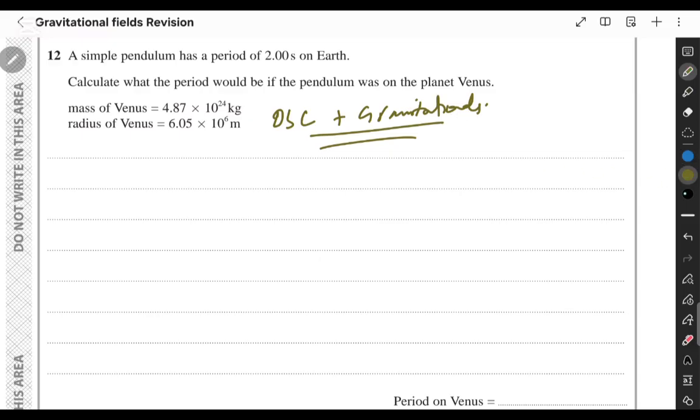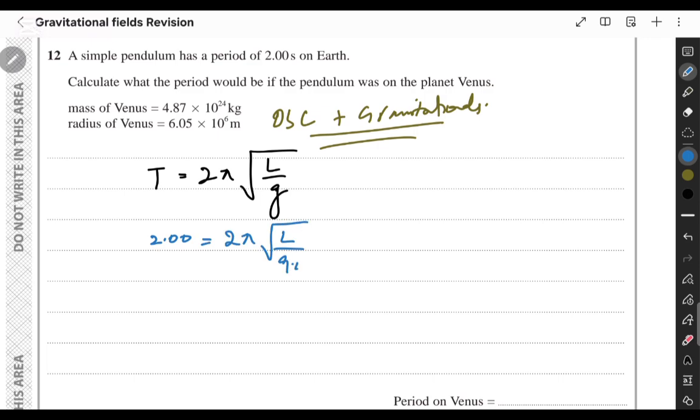So what we have to do here is use T equals 2 pi square root of L over g, and what I need is the value of L here. So I'm going to plug in 2 equals 2 pi square root of L over 9.81, and then find the value for L. The L value is going to be 0.9936 meters.